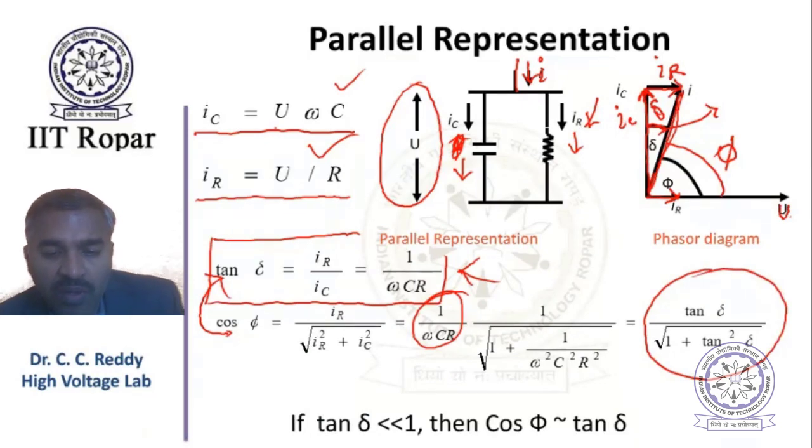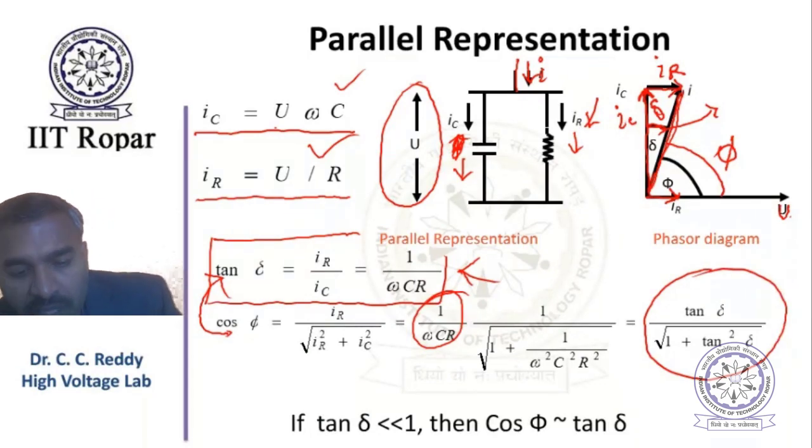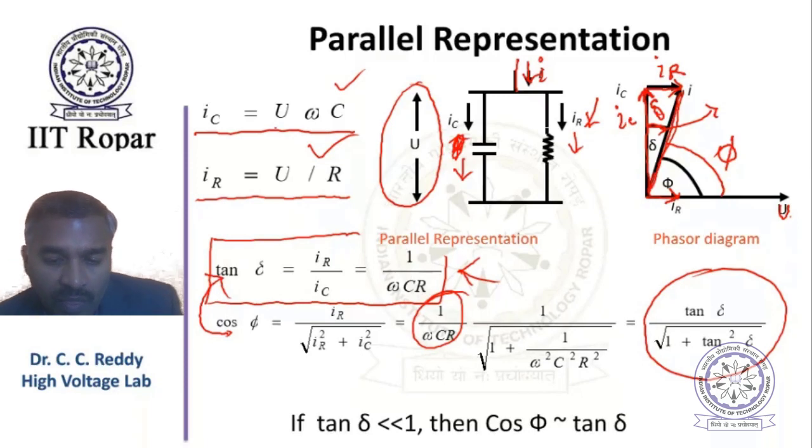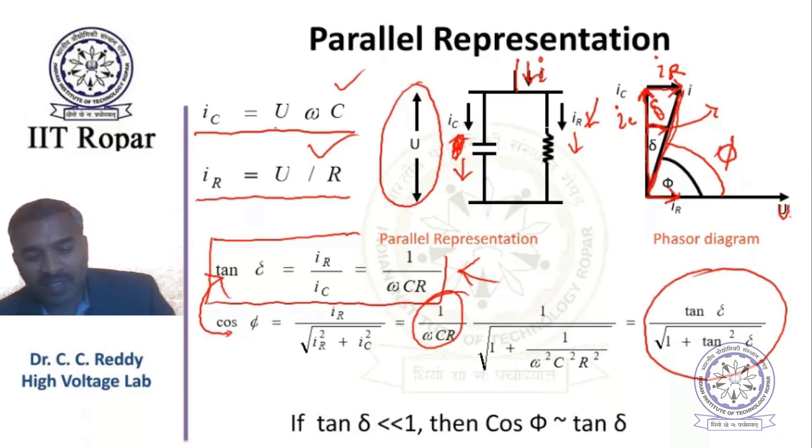Now, what value of tan delta do we expect? Zero, sir. Zero you expect, but that is an ideal material. It will be between 0 and 1; 1 means the loss is huge.